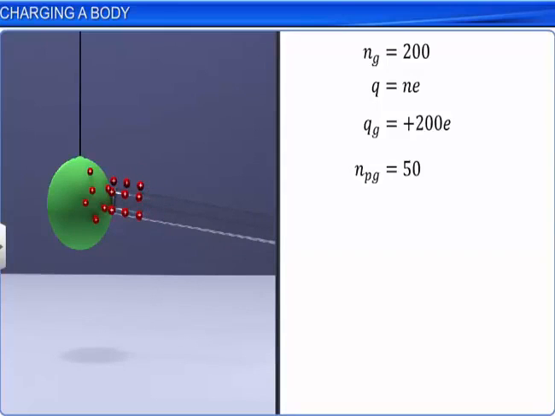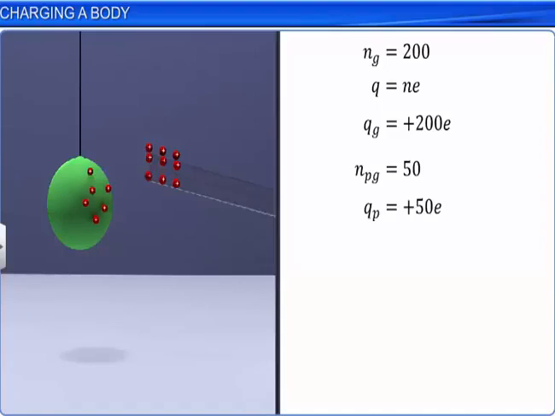Now, the pith ball has the deficit Np of 50 electrons, which implies that the charge on the pith ball, Qp, is equal to plus 50e.